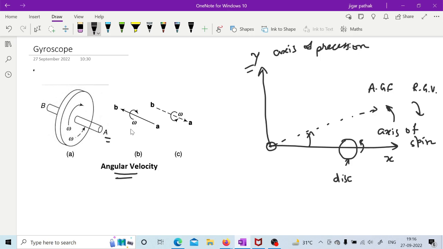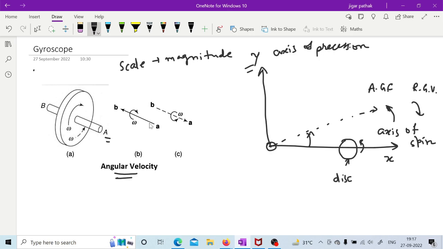So how will you represent that? For that you can take a scale and represent the magnitude of that particular angular velocity. This AB vector is showing the magnitude of that angular velocity omega. Now the second thing is how you are going to plot the direction.